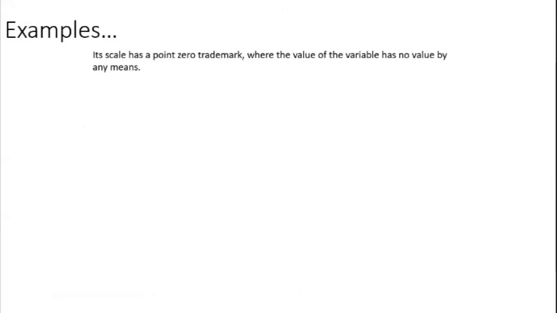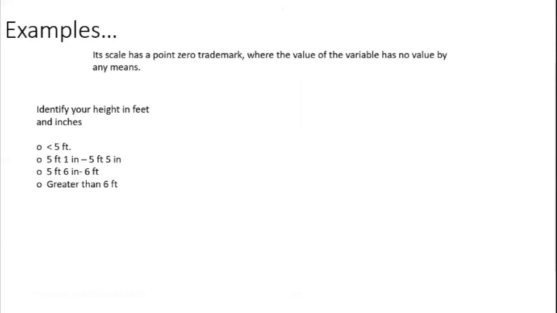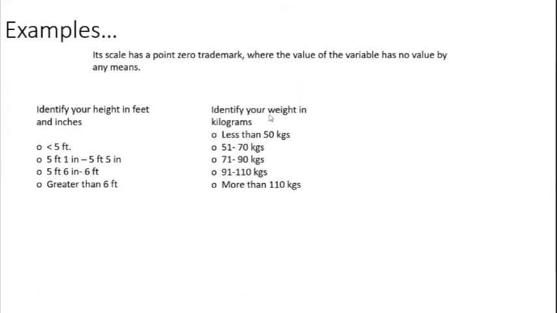So here are examples of questionnaires for ratio scale. Identify your height in feet and inches: less than 5 feet up to greater than 6 feet. Identifying one's weight: less than 50 kilograms up to more than 110 kilograms.